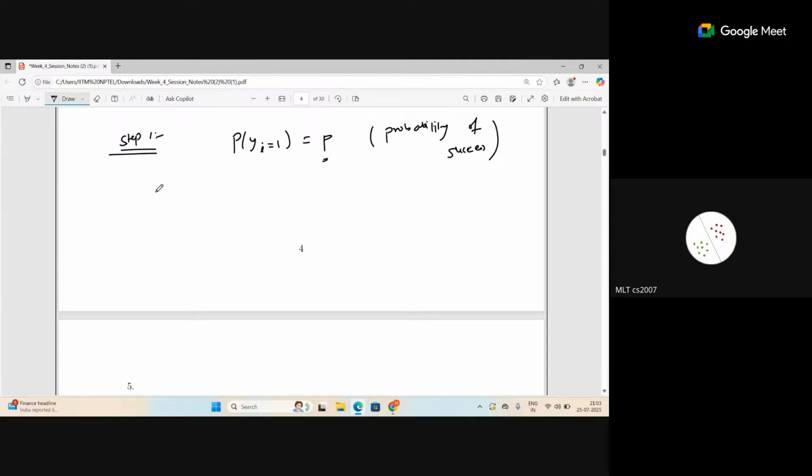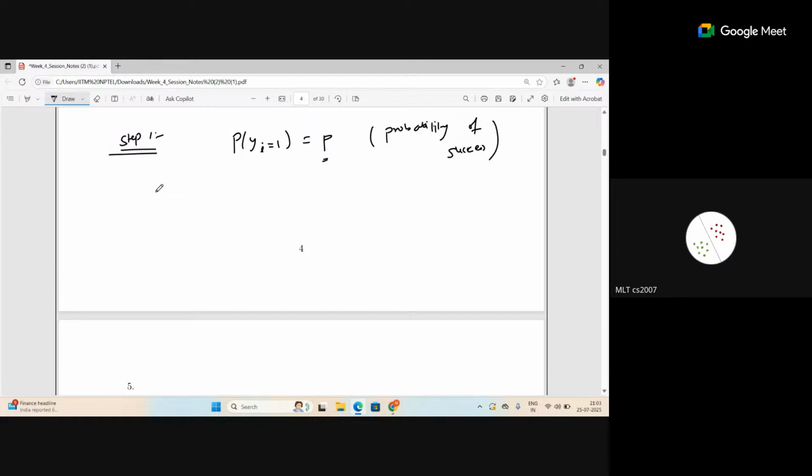So what you do in this generative modeling is decide the label, right? And how will you decide? You will calculate its probability. In a general scenario, how can we do that? If you have 10,000 emails, and I know that 4,000 emails are marked as spam and 6,000 are marked as non-spam, and let's say y equal to 1 is a non-spam email, then what will be the p here, the probability of success?